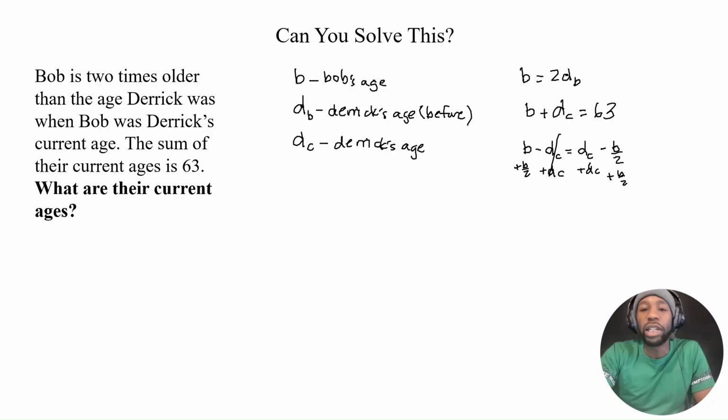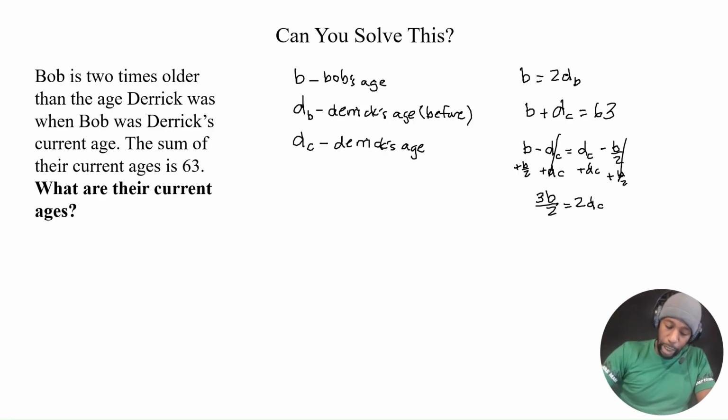What happened is B plus B over 2 is going to be 3B over 2. 3B over 2 is equal to DC plus DC, which is 2DC. Okay, now we have three equations, we have three unknowns.